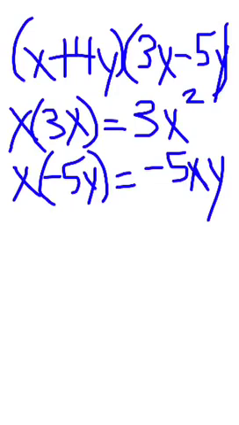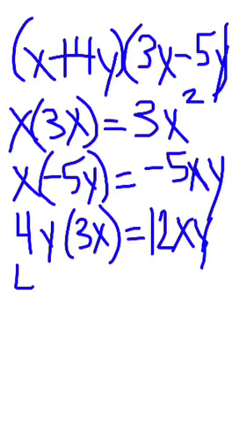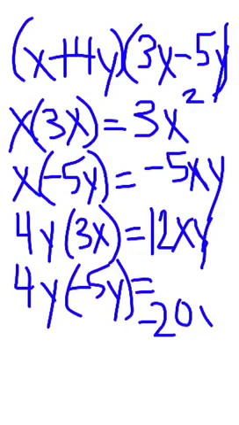Take 4y next and multiply it times 3x. So that will give us 12xy. And last, multiply 4y times negative 5y. That will give us negative 20y squared.